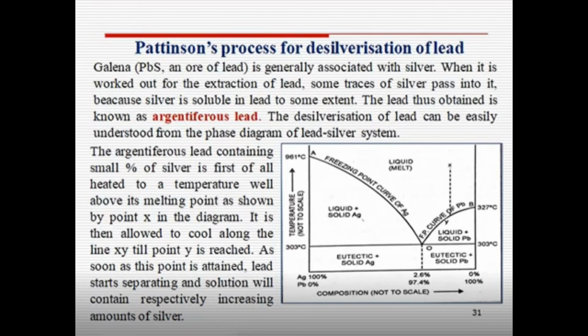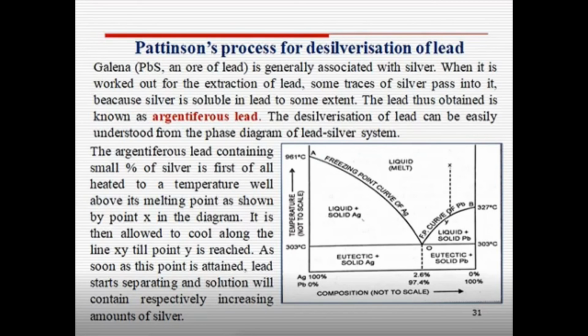The lead thus obtained is known as argentiferous lead, and the desilverization of lead can be easily understood from the phase diagram of the lead-silver system. The argentiferous lead containing a small percentage of silver is first of all heated to a temperature well above the melting point of lead as shown by point X in the diagram.